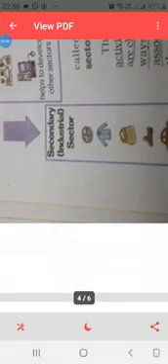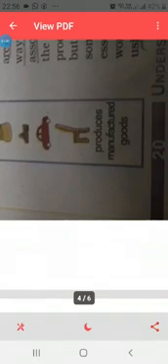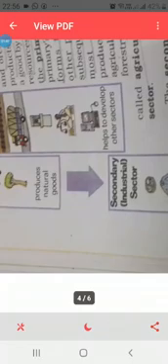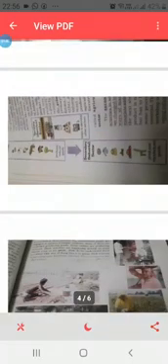This is secondary, that is called industrial sector. It produces manufactured goods. Now third is tertiary sector. Helps to develop other resources. Now we will discuss these activities.